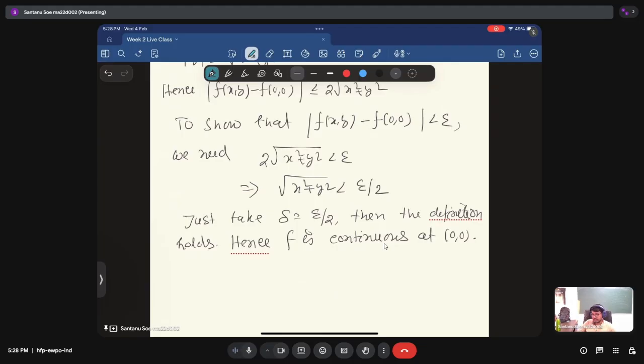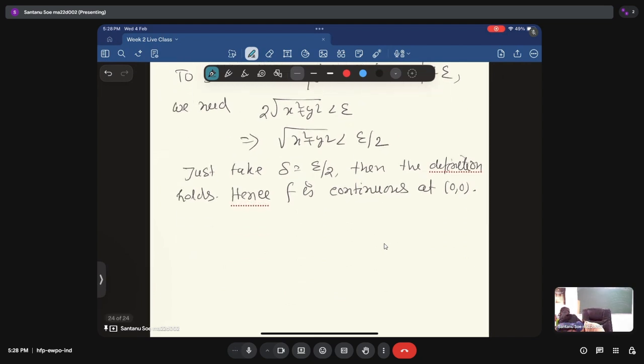So now we have to check whether the function is differentiable at (0, 0) or not. Okay.